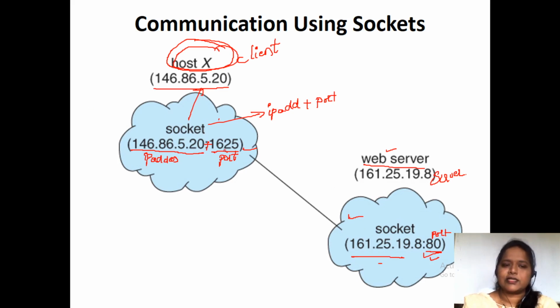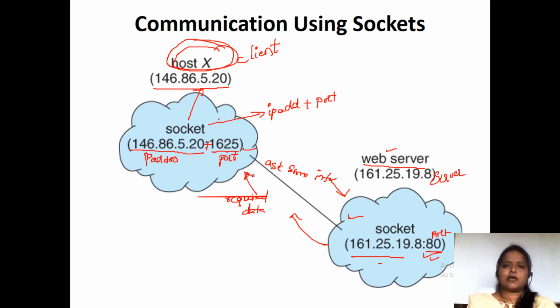The client asks for some information from the server, and the server in turn provides the required data to the client. This is how client-server communication happens with sockets. So what is a socket? A socket is a combination of IP address and port number.